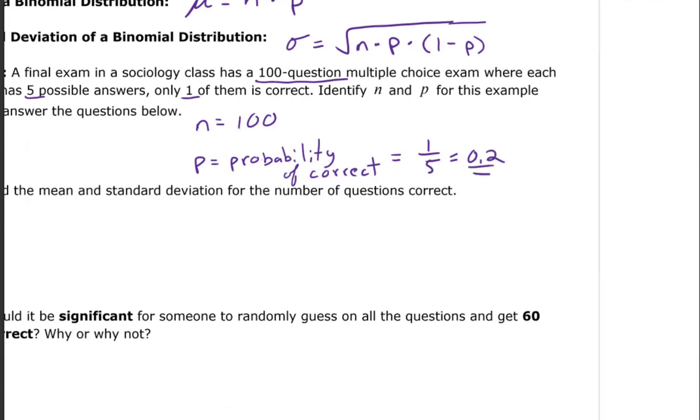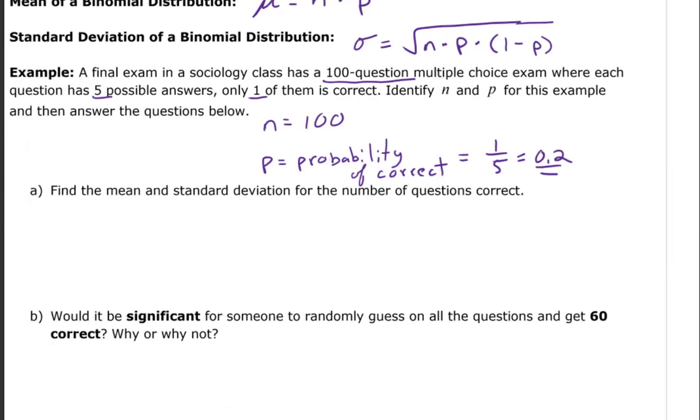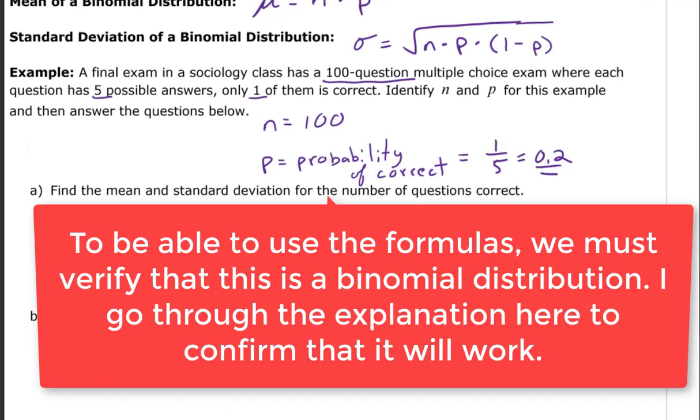It says find the mean and the standard deviation for the number of questions correct. Well, this right here is binomial because we have a fixed number of trials, 100. Each question is going to be independent of the previous questions before it. So that's satisfied. In the probability of success, since they all have 5 answers and one of them is right, the probability of success is the same in every trial. And the 2 options for your 2 possible outcomes is you either got it correct or you got it wrong.